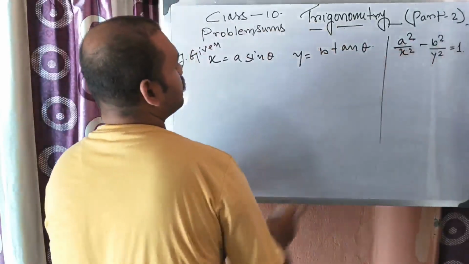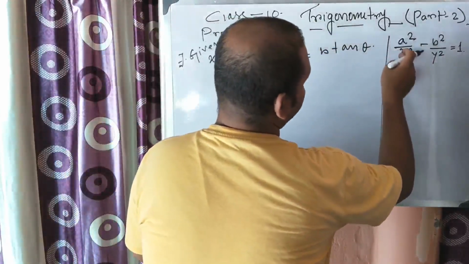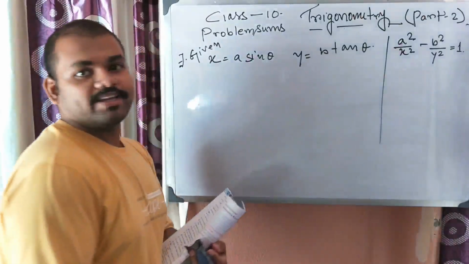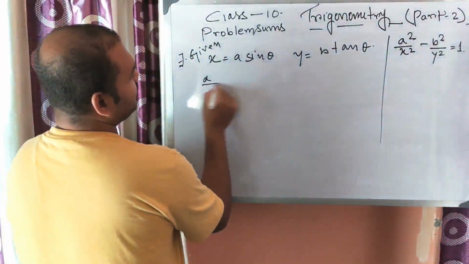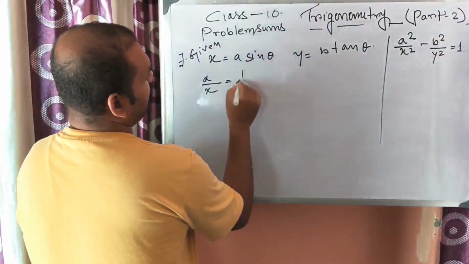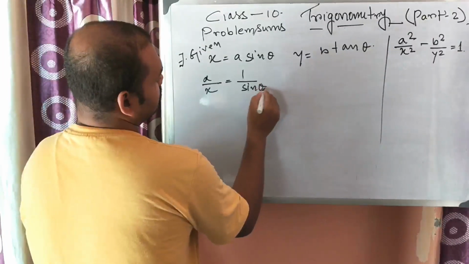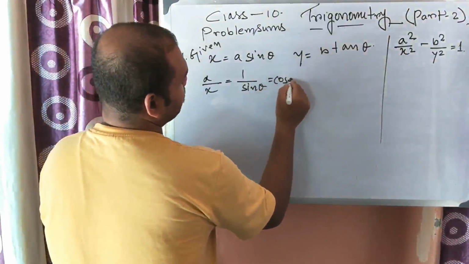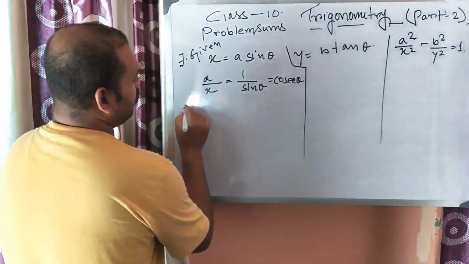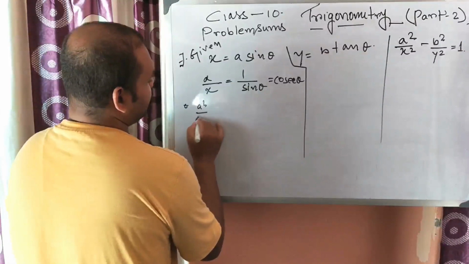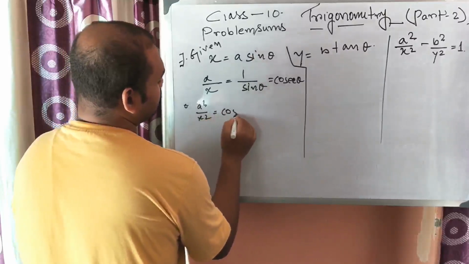So let us find out the value of a by x, then squaring it, we will get the value of a square by x square. From here a by x is 1 by sin theta, so this can be written as cosec theta, or a square by x square is equal to cosec square theta.